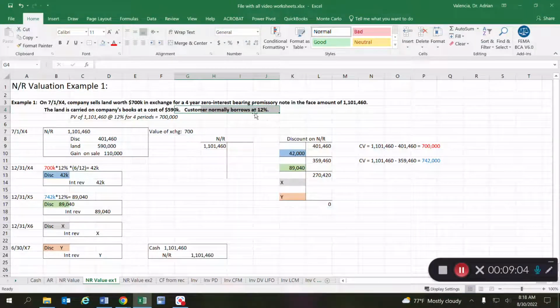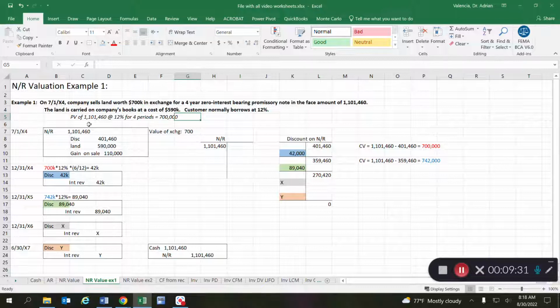So we'll have to do the present value of $1.1 million at 12% for 4 periods. That gives us $700,000, and we would say that this is the worth of the exchange, the value of the transaction. Notice that we had that information over here, but normally you may not have that information, and this is how you have to determine the worth of the exchange.